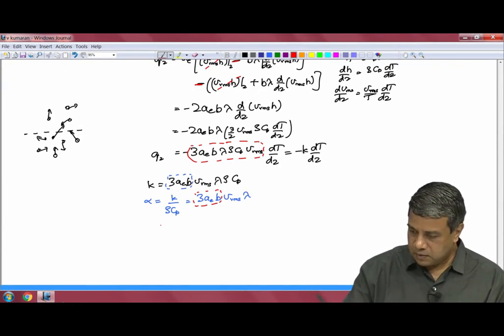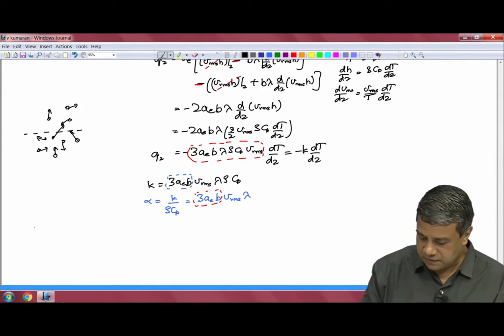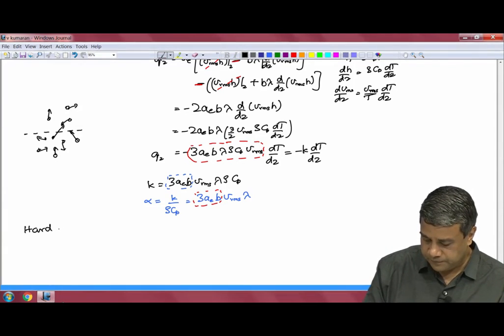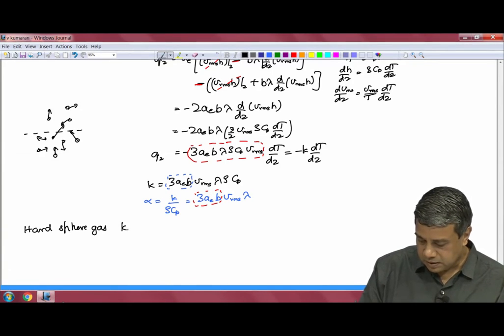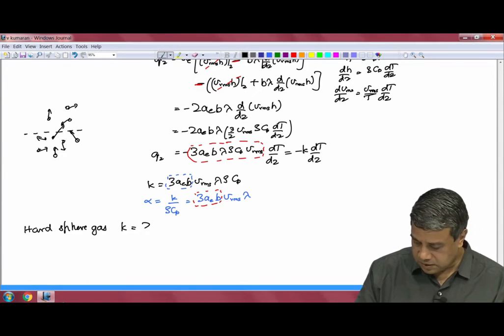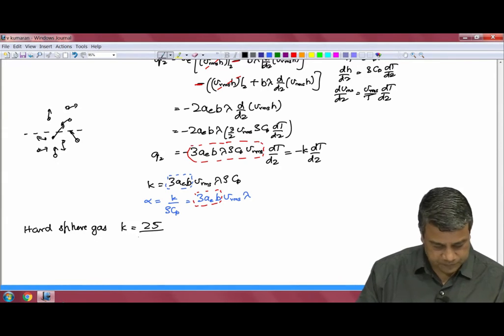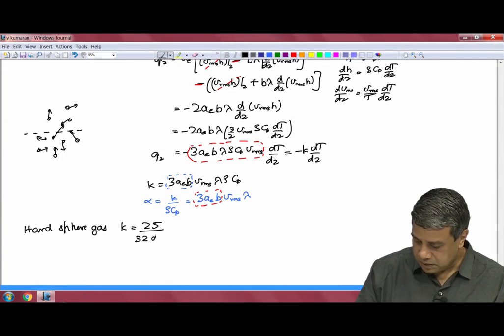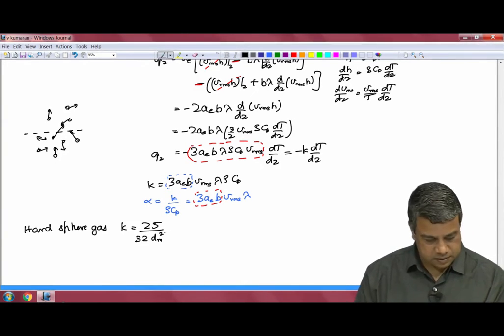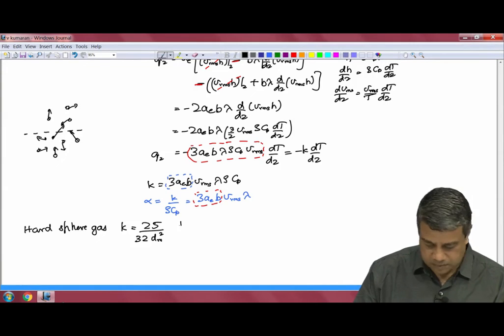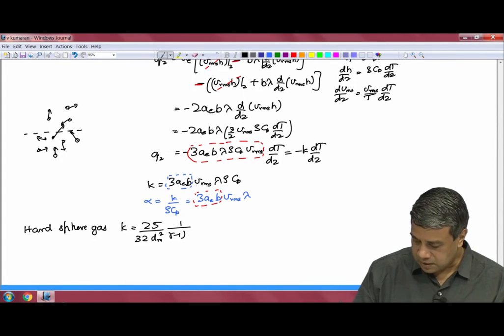You can get a more exact expression for a hard sphere gas. The thermal conductivity is 25 by 32 dm squared, 1 by gamma minus 1, into (Kb cubed T by pi times the molecular mass) whole power half.